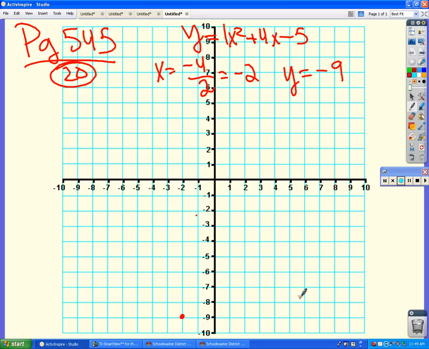The y-intercept is negative 5, because the thing we didn't use, the c, is negative 5. So that means I can put a dot right here at negative 5 on the y-axis. This is half of my parabola. Since the vertex is right in the middle, I'm going to have the same thing on the other side, and I'm done.